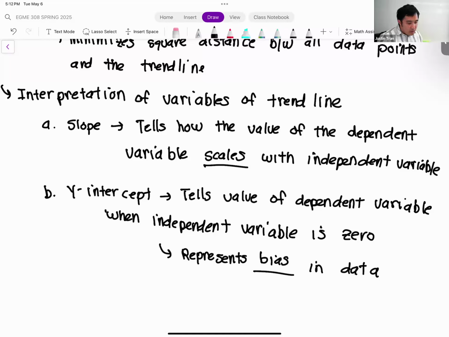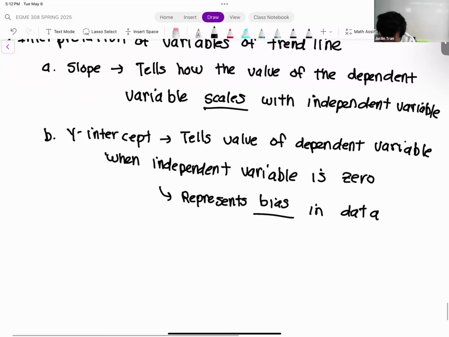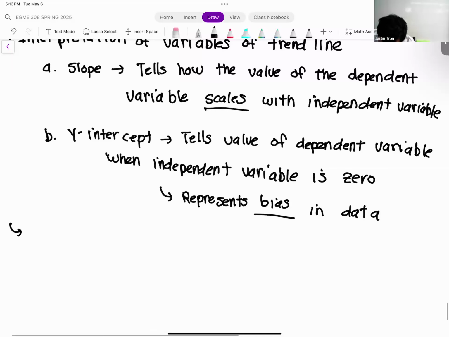Okay, one last thing I want to talk about here is the quality of the trend line, because not all trend lines are good. Whenever you produce a trend line, you can assess its quality by computing something called the R-squared value.